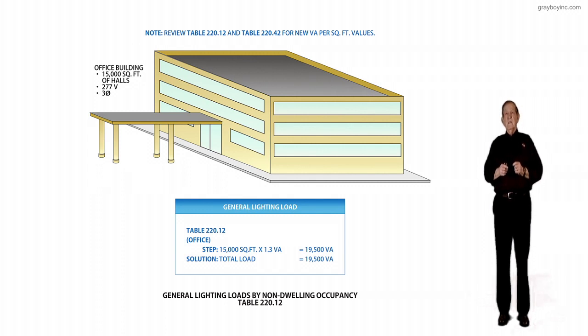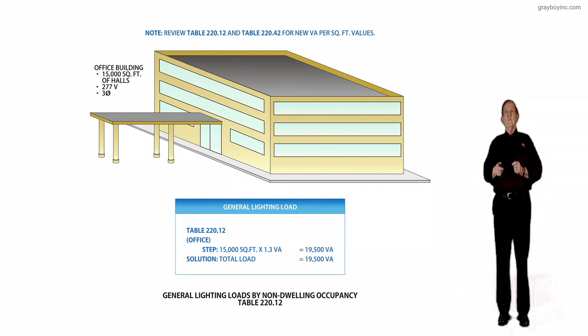Now, looking at Table 220.12, we find an office building. So referencing the new Table 220.12, it's no longer 3.5 VA per square foot plus 1 VA for receptacles if the receptacle load is not known. That's a big, massive change to the rule.